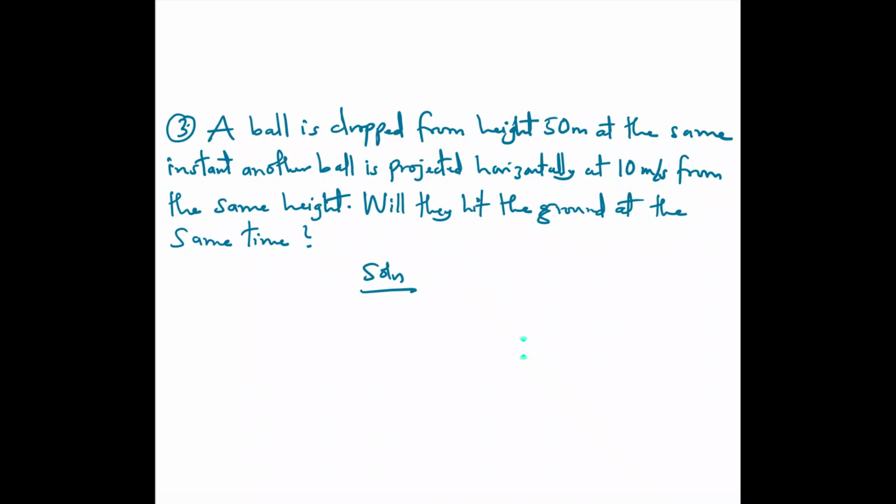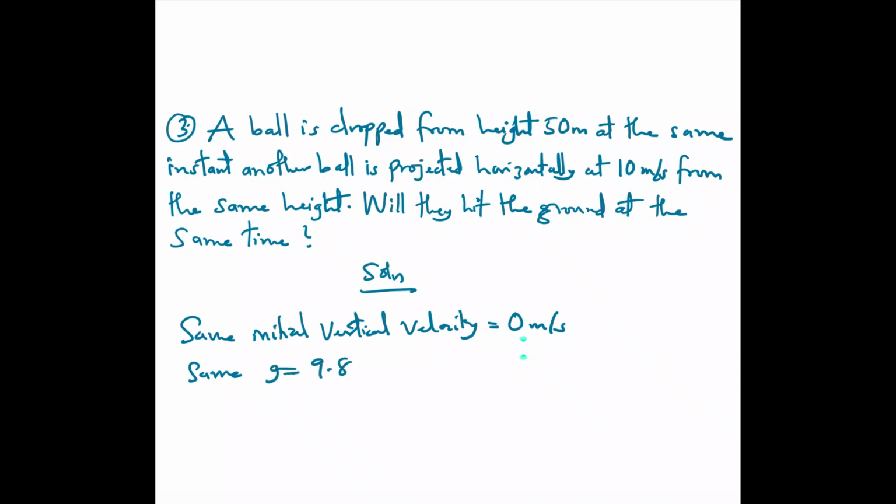Both of them have an initial vertical velocity of 0 meters per second, and they have the same acceleration due to gravity, same g, which is equal to 9.8 meters per second squared.